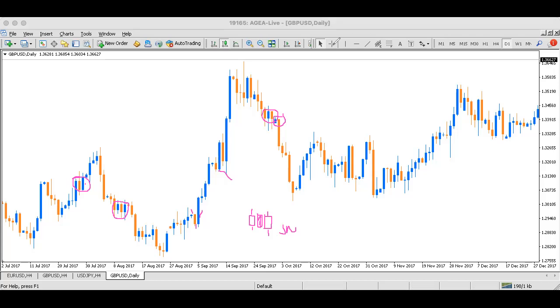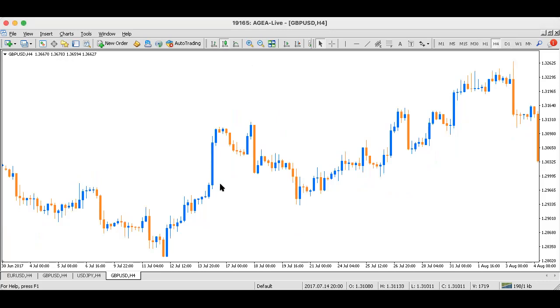Let me go into a lower time frame so that we will get a clearer picture of what I mean. We even take the first candle that we see. This is a sandwich. Do you agree? Yeah. Why? The bearish candle is between two bullish candles. Good.